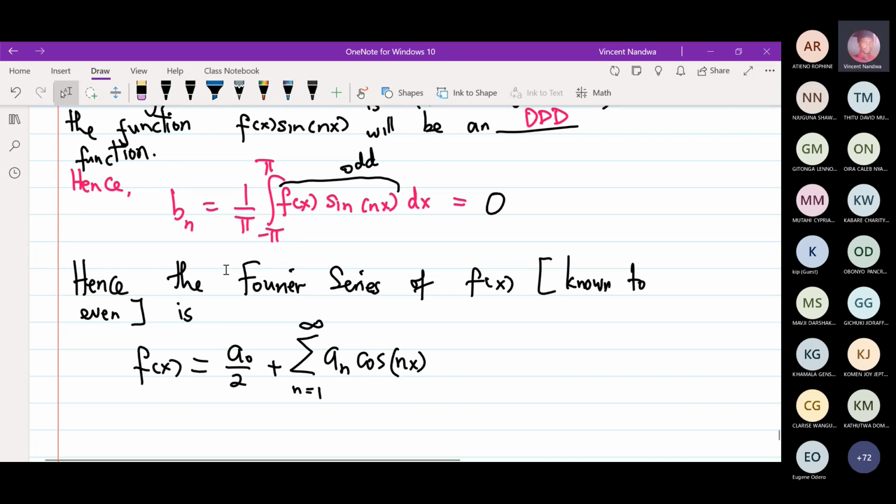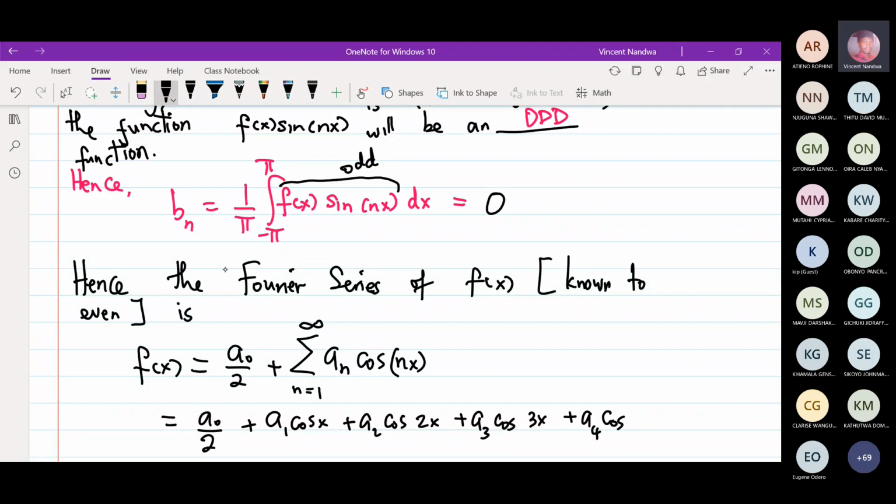Remember, the other term is usually bn sine of nx, but we have already said that the bn value is going to give us 0. So 0 times sine of nx is just 0. So these are the only terms in that series, which you can write as a naught over 2 plus a1 cos x plus a2 cos 2x plus a3 cos 3x plus a4 cosine of 4x plus other several terms.